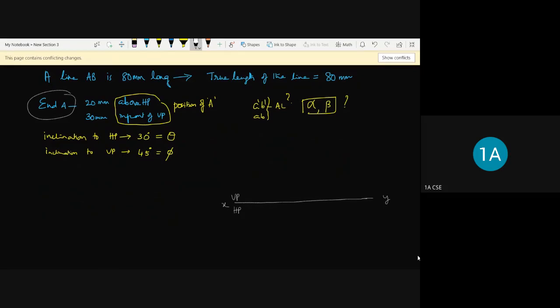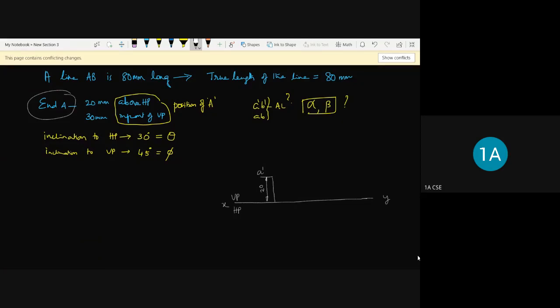So from the XY line, we need to draw vertically at a 20 mm distance. So represent this as A dash, and the dimension of this is also to be represented. So this is 20. Next, it is also 30 mm in front of the VP.